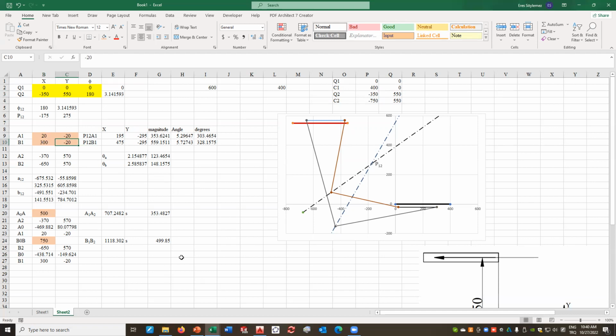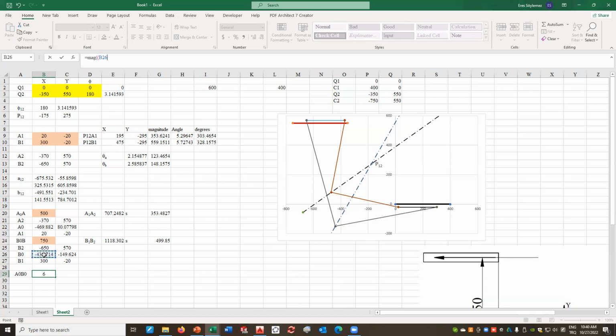Okay. Now, first of all, let us determine the magnitude of A0, B0. That will be important. The length A0, B0 is magnitude, open up parentheses, the x-coordinate of B0. Oh, I forgot the equal sign in front, so it doesn't take it as a vector.